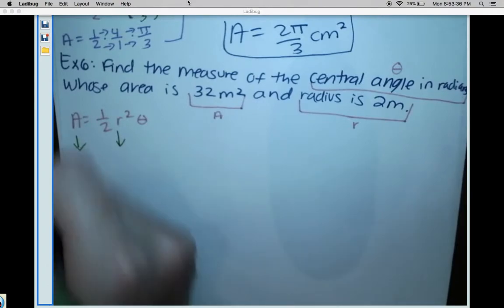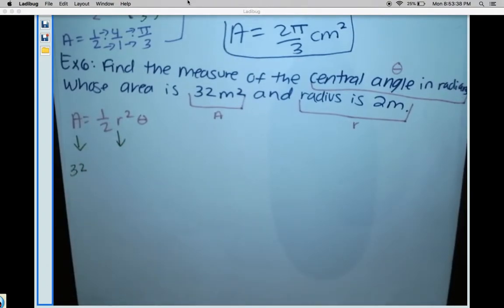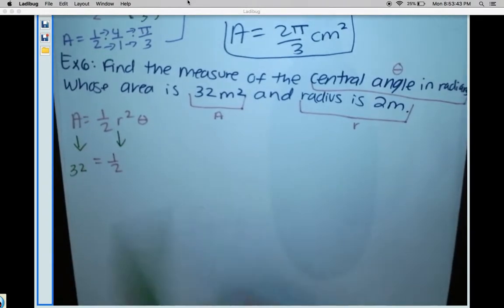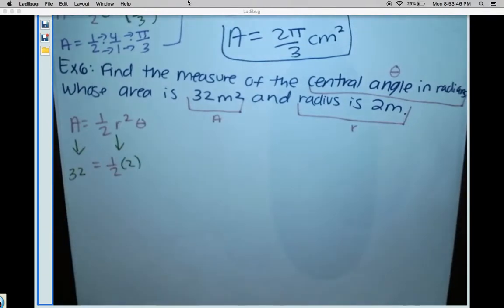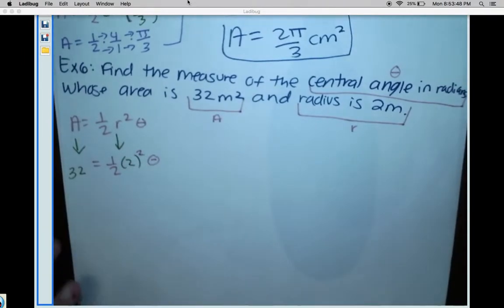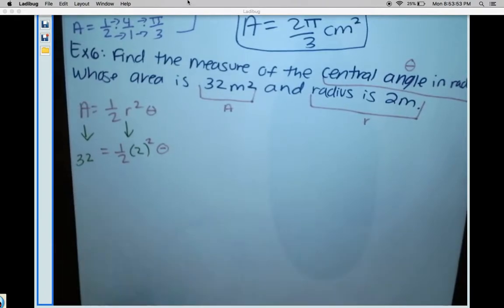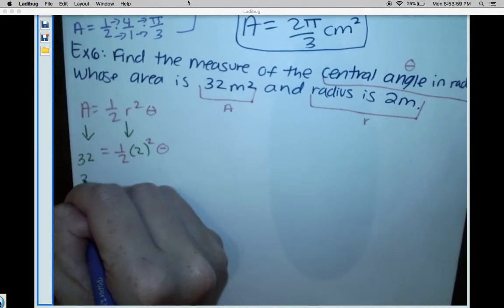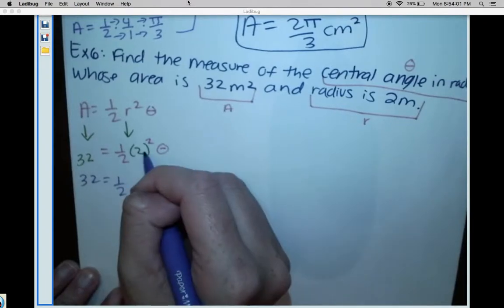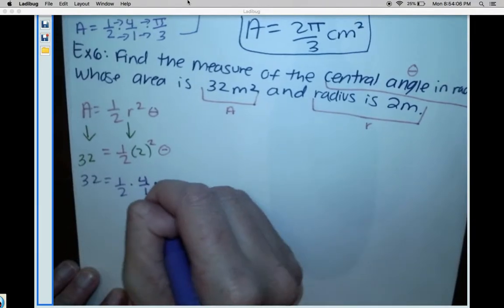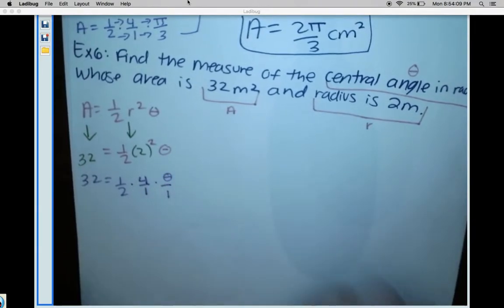So we have 32 equals 1/2 r squared, where r is 2 squared, and this time we're solving for theta. 2 squared, 2 times 2 is 4, so 32 equals 1/2 times 4 over 1, times theta over 1 as well, because the 2 squared and theta are in the numerator.